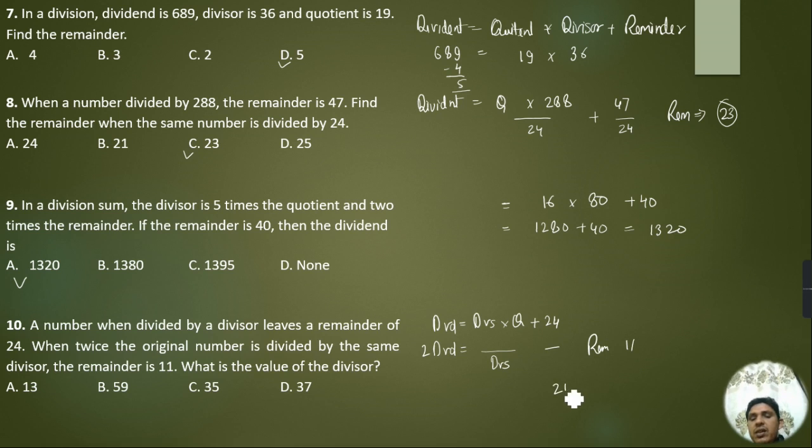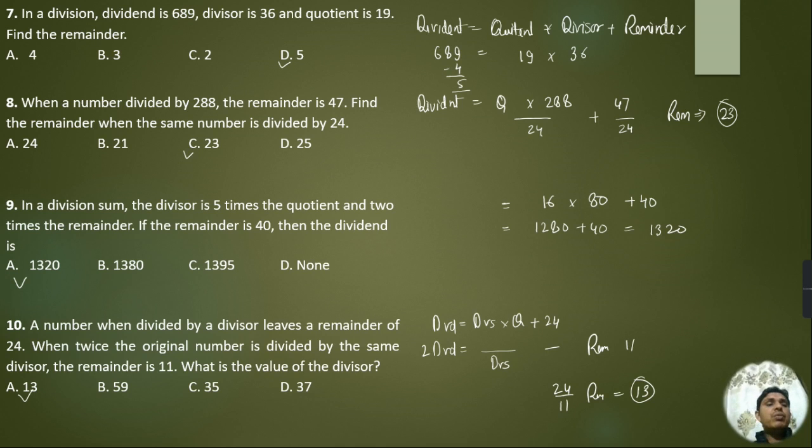We can divide 24 by 11 and find the remainder, which here will be 2. With the backtrack approach, if we divide 24 by 13, the remainder will be 11. So in this question, the value of the divisor will be 13, right?